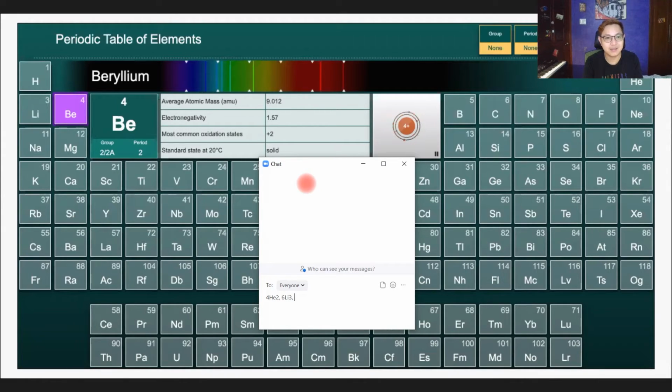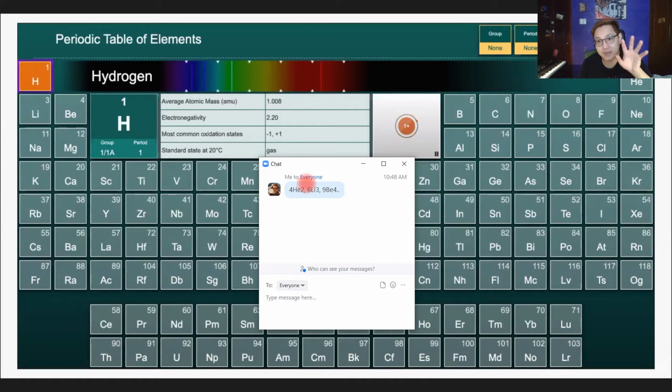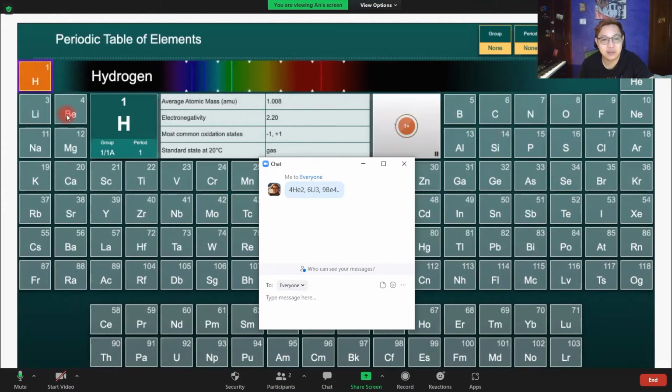And beryllium is like 9 4, and so on. So basically, the atomic mass will be nearly double the atomic number. Based on that trend, you can learn these numbers more easily. You can guess. Beryllium 9 4.